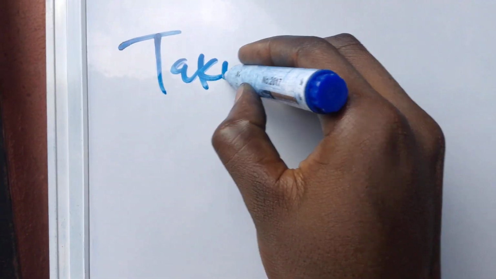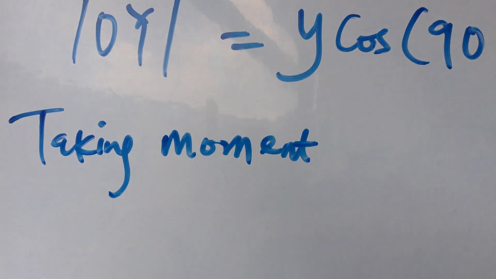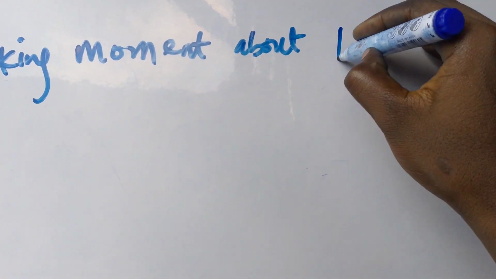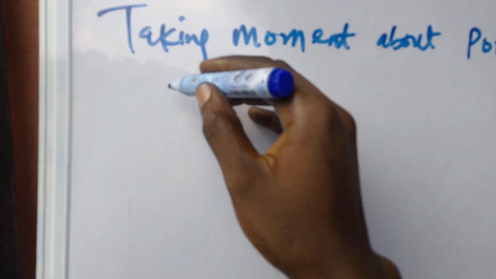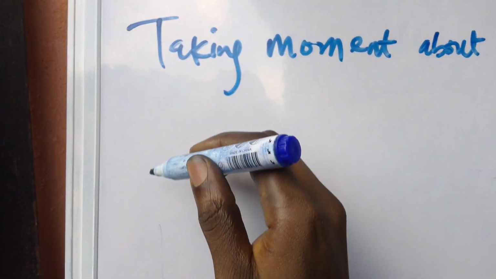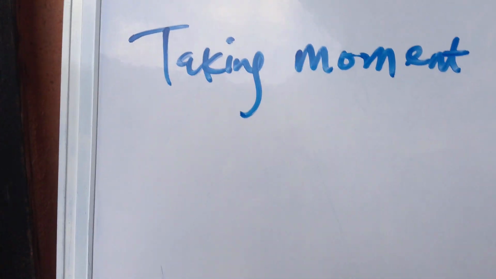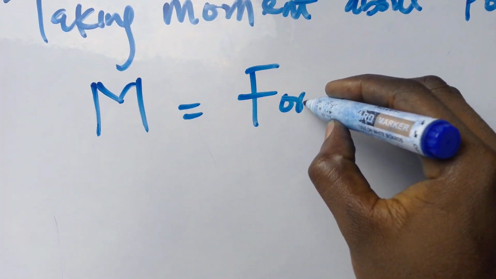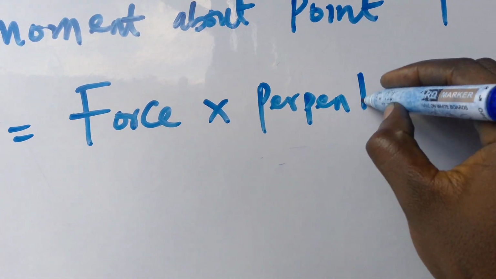So taking moment about point Y, it is an anti-clockwise moment. The moment is the force times the perpendicular distance.